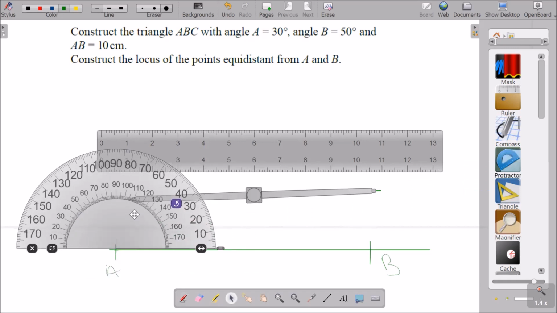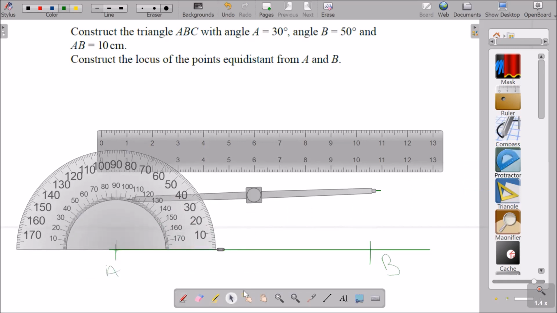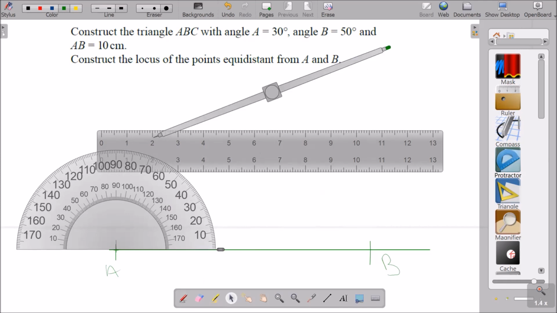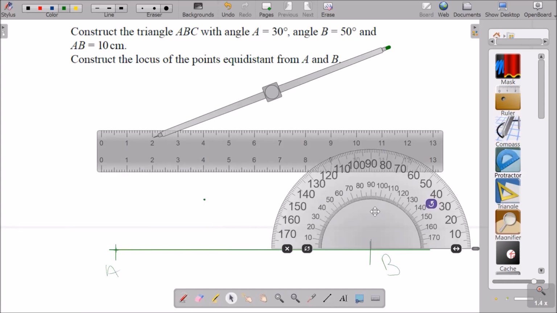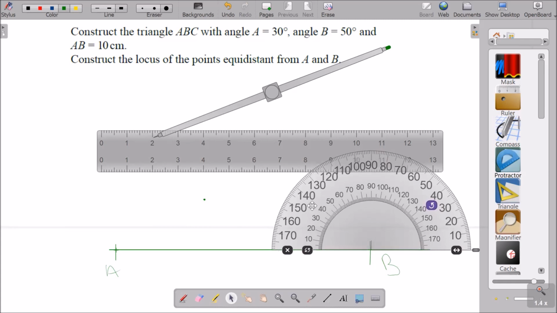Now we need our protractor to measure the angle at A. Our protractor at A, we measure 30 degrees. Here is our 30-degree point. Angle at B is 50. We go to B. Our protractor. We use the inner scale now because this one is starting from 0. So 50 is there.